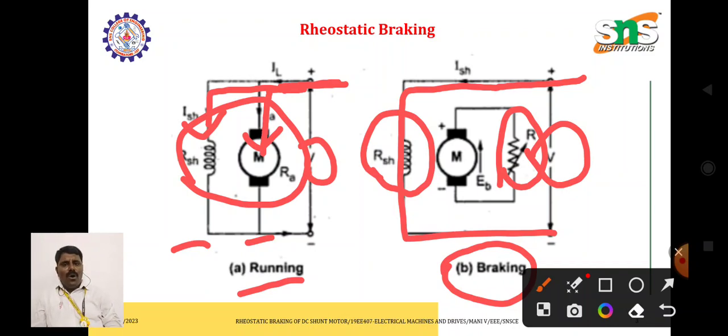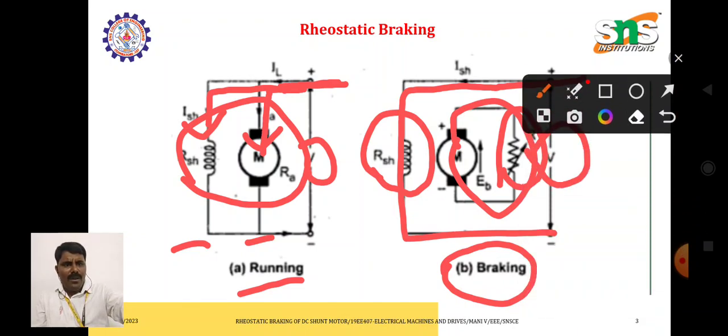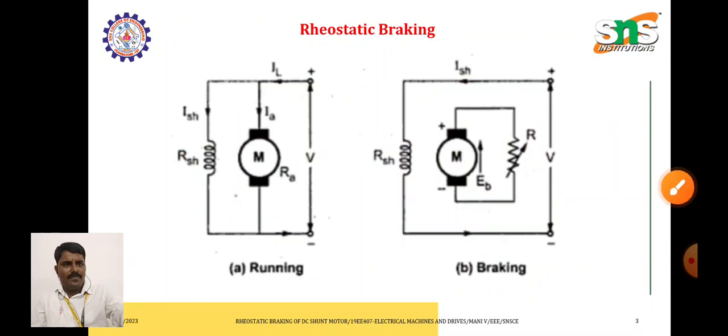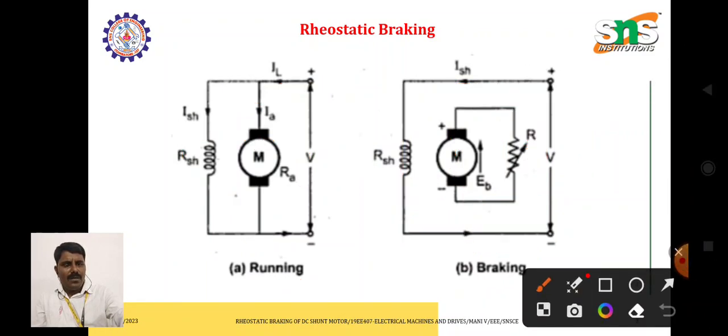That generated electrical energy can be circulated through the variable rheostat. Just you can see here, this current can be circulated through this variable rheostat.